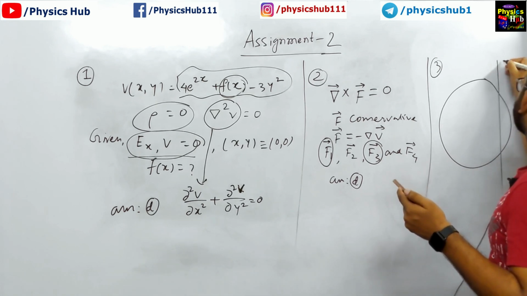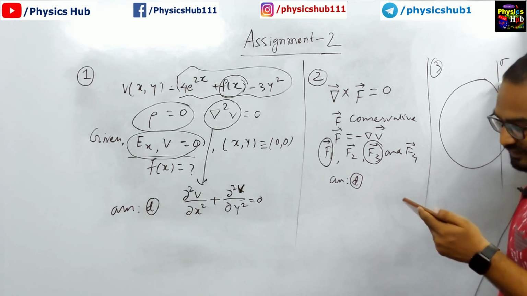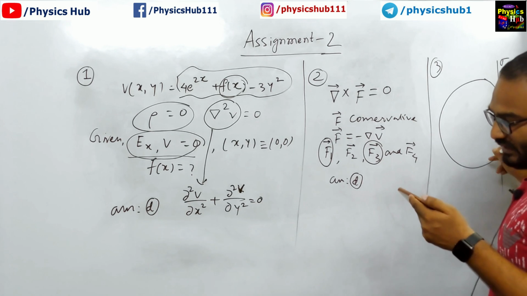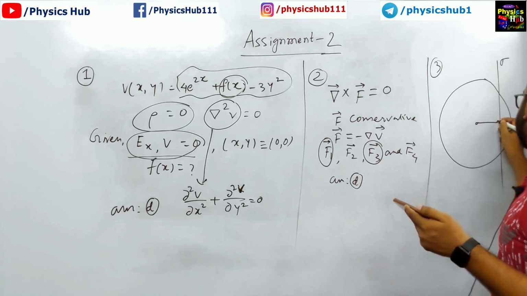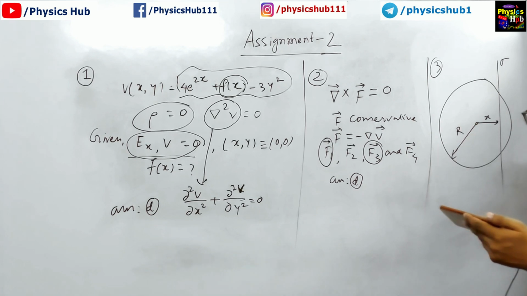Now a sheet carrying surface charge density sigma cuts through a spherical Gaussian surface of radius r at a distance x. So this distance is x and the radius is r. The electric flux phi through the Gaussian surface is.